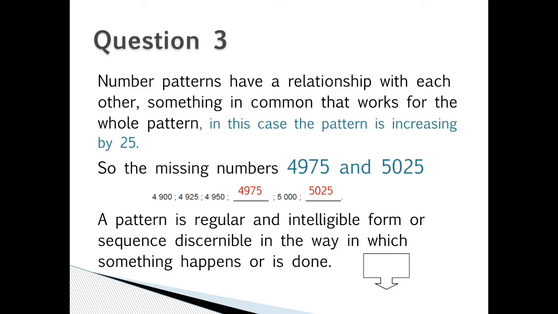In this case, the pattern is increasing by 25, so the missing numbers are 4,975 and 5,025. A pattern is a regular and intelligible form or sequence discernible in the way in which something happens or is done. Our next shape is a box facing down.